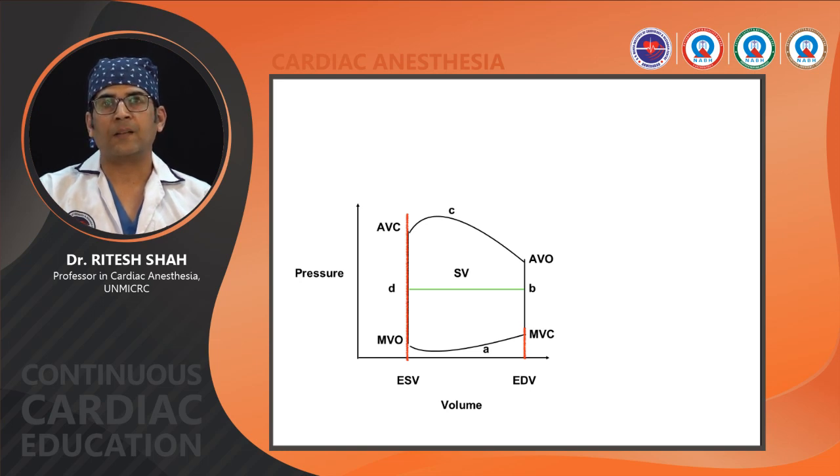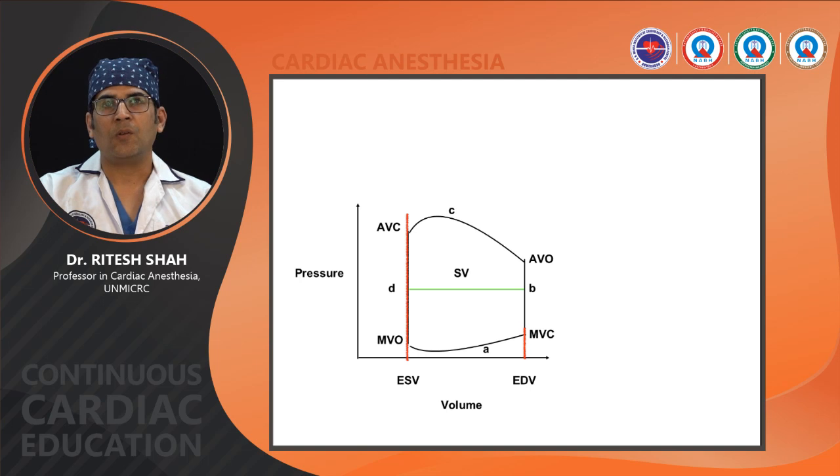When the mitral valve closes, the volume remaining in the heart is the end diastolic volume, and when the aortic valve closes, the volume remaining in the heart is the end systolic volume. The difference between end diastolic volume and end systolic volume is stroke volume. So whenever end diastolic volume increases or end systolic volume decreases, stroke volume increases, and whenever end diastolic volume reduces or end systolic volume increases, stroke volume is reduced.